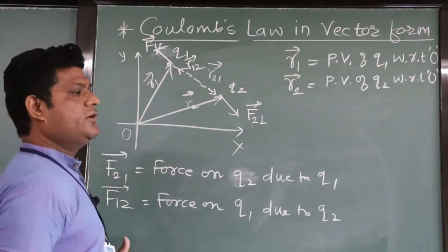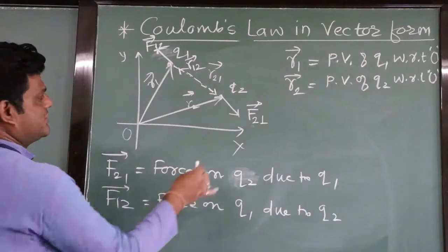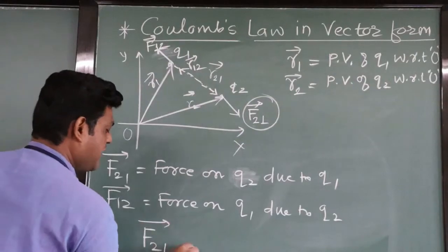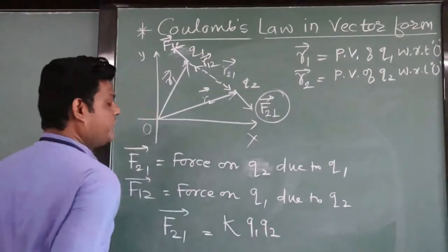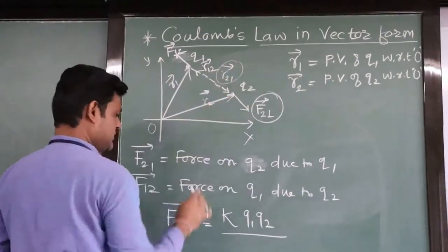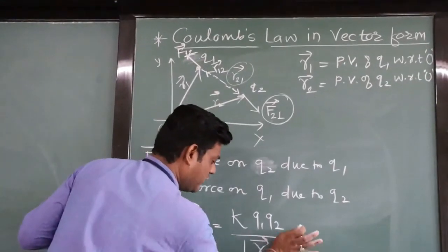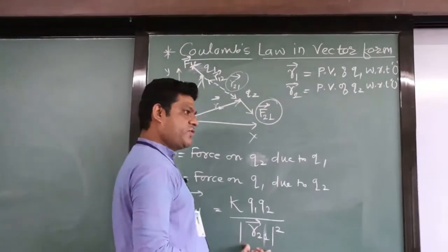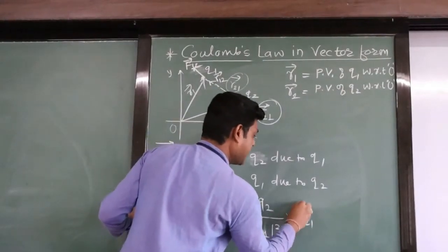Okay. So according to Coulomb's law, we will write the force acting on the second due to the first like this: K Q1 Q2 divided by the distance between them. Here we are writing the magnitude of position vector R21, squared, that is distance squared, into R21 cap.